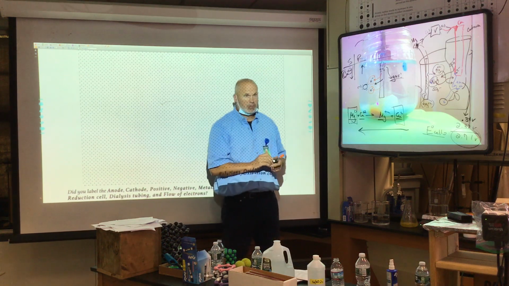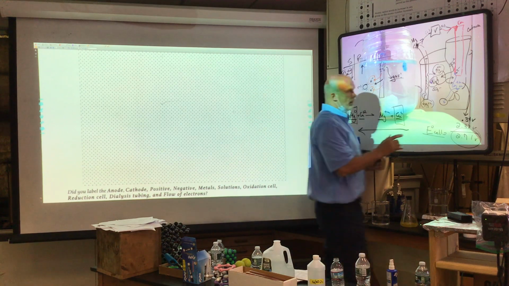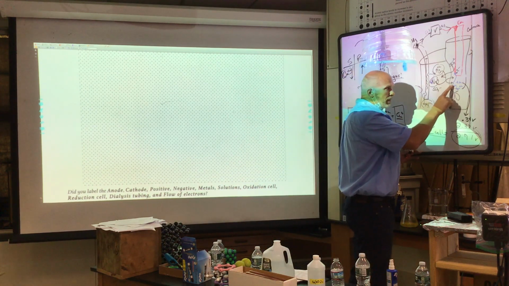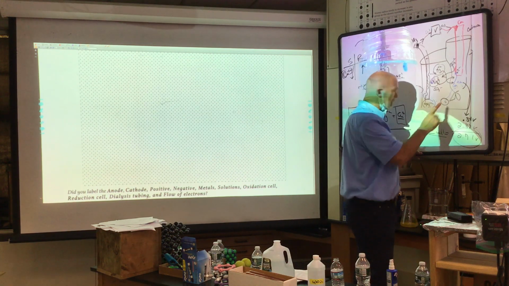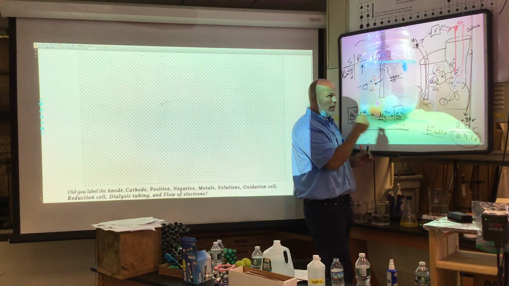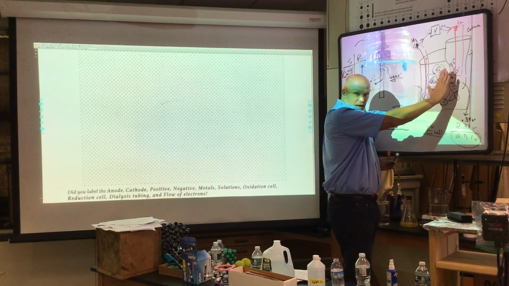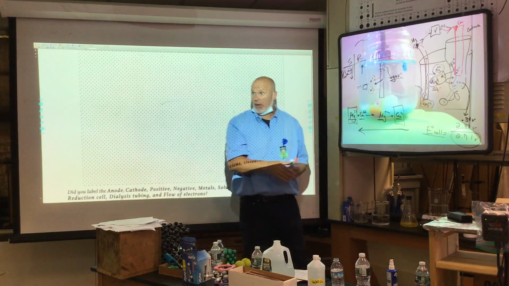Okay, something else, party people, to talk about. Okay? Now, as we lose copper plus 2, either by diffusion or by the copper plus 2 becoming a copper solid in reduction, okay, we know this bag is going to get negative. Well, we need something to come in there to counterbalance.